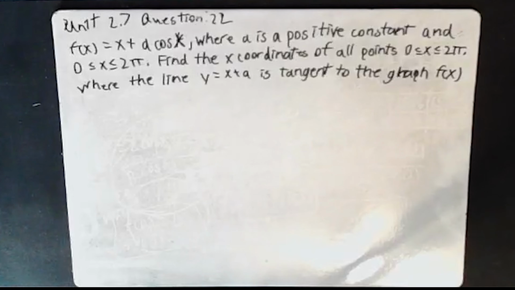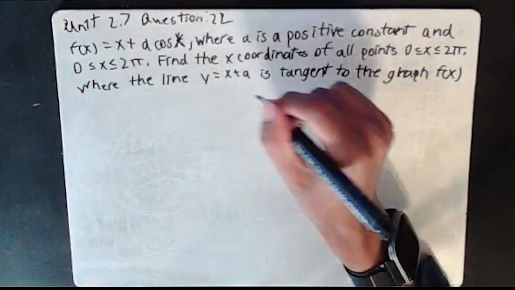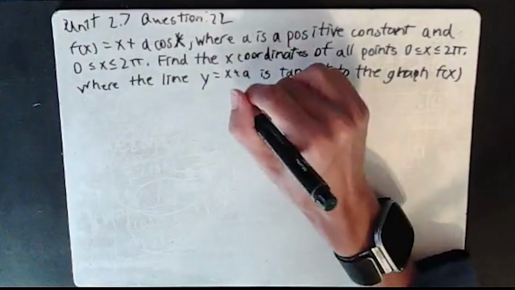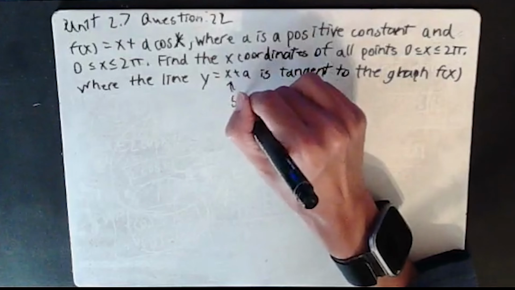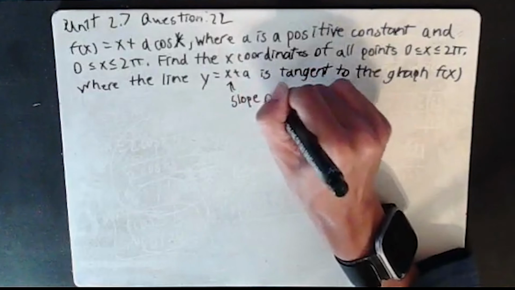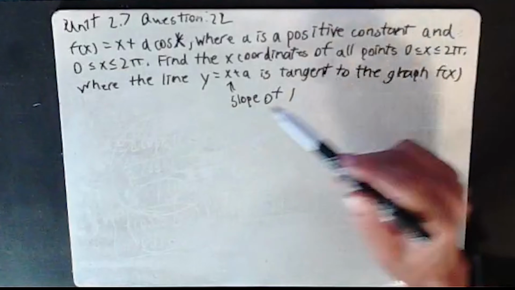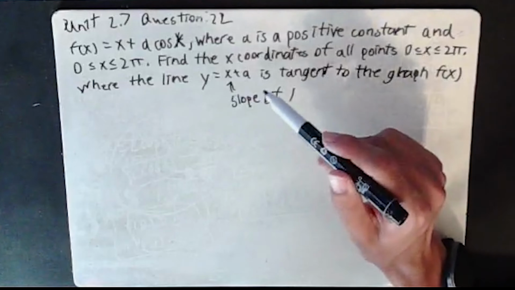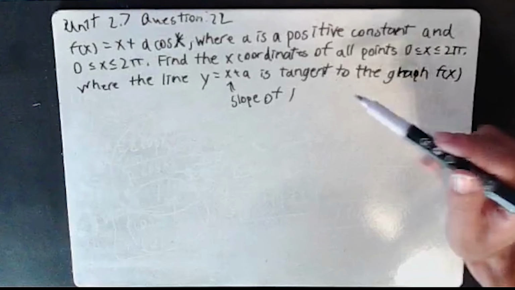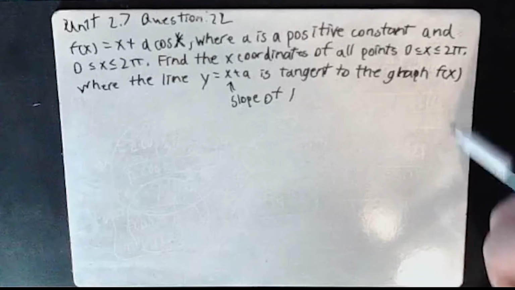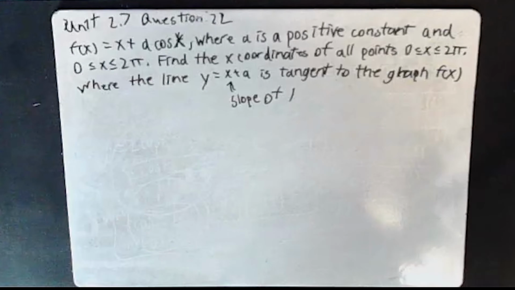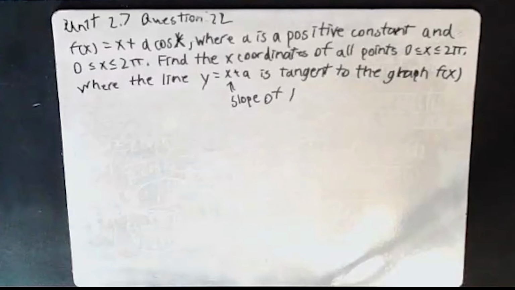Okay, let's dissect this question. So this is the tangent line. This has a slope of 1.